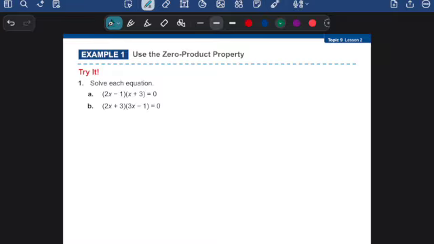So let's use the zero product property to solve these equations. They're already factored. We already have our two binomials. So I'm just going to split the binomials and set each factor, or each binomial, equal to 0. And then x plus 3 equals 0, and then solve for x. Add 1 to both sides. 2x equals 1, divide by 2, x equals 1/2.